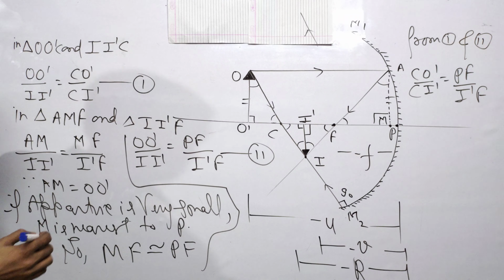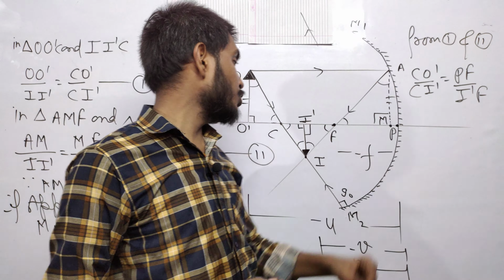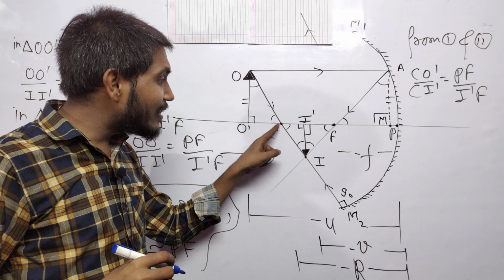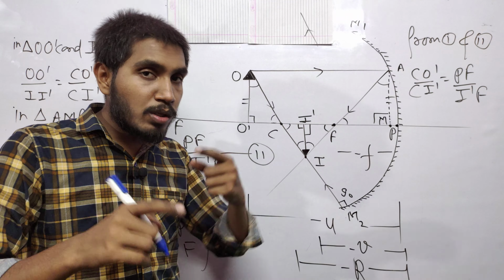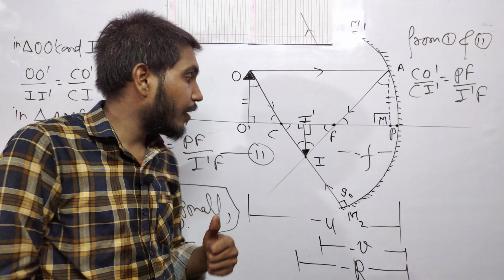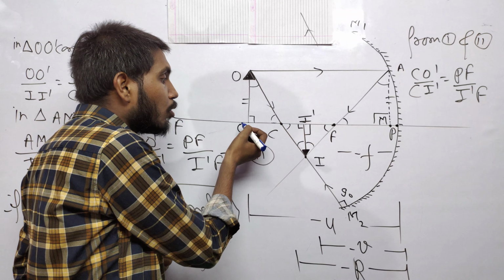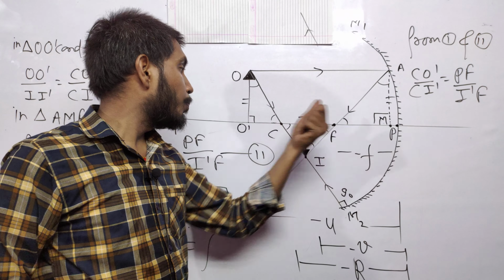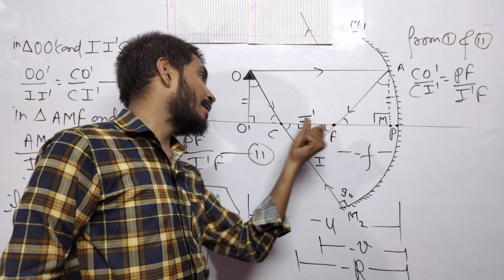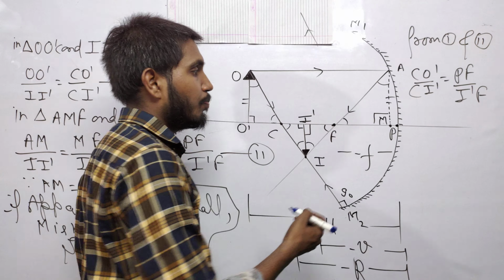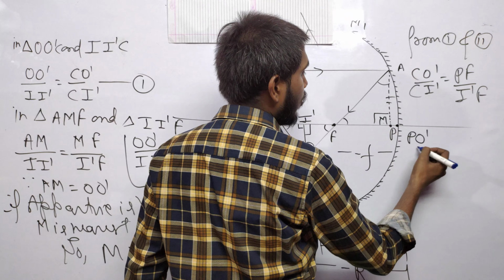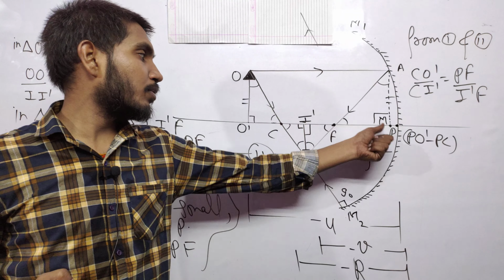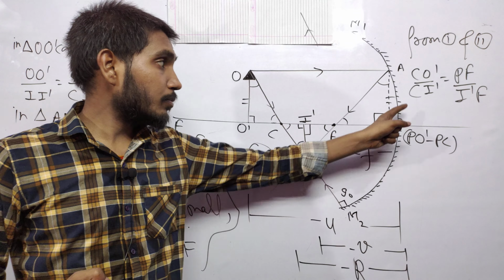My dear students, CO dash, all the distances are taken from P, actually सारे distance हमको pole से लेने हैं. So CO dash can be written as PO dash minus PC. That is the meaning of CO dash.